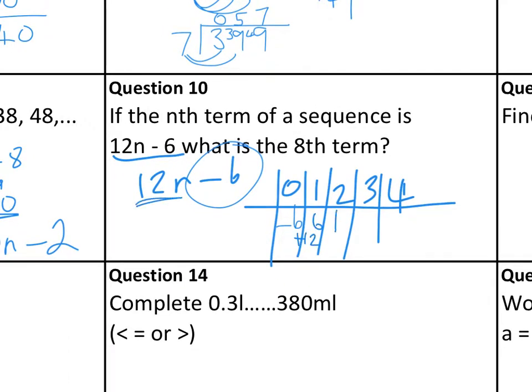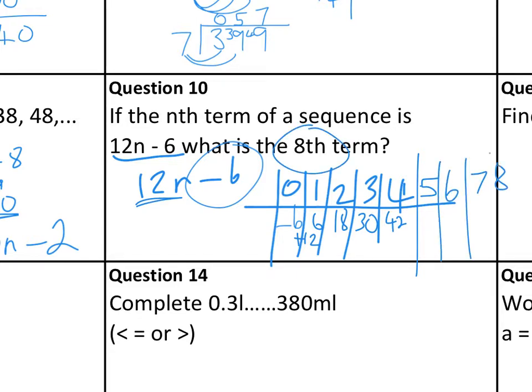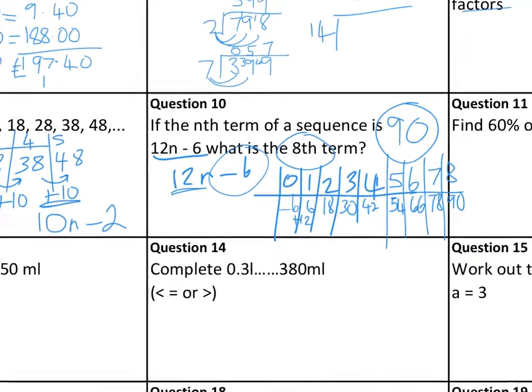So that'd be 6, 18, 30, 42. Let's keep going. I want the 8th term. 54, 66, 78, 90. So my 8th term is 90.